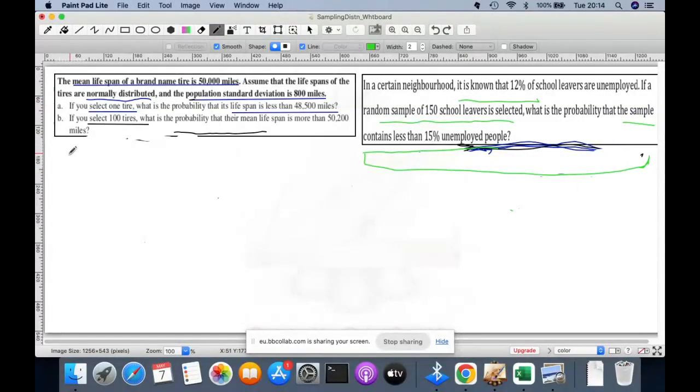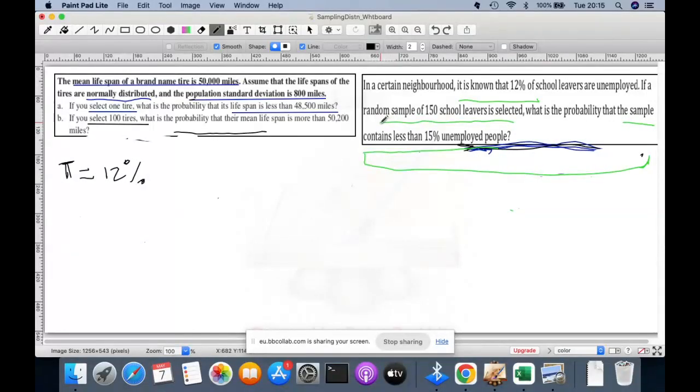As you would have done earlier in this course, the symbol for true proportion is pi. So the real, true percentage of the population is pi, and they're telling you that pi is 12%. That's the population proportion of school leavers who are unemployed.